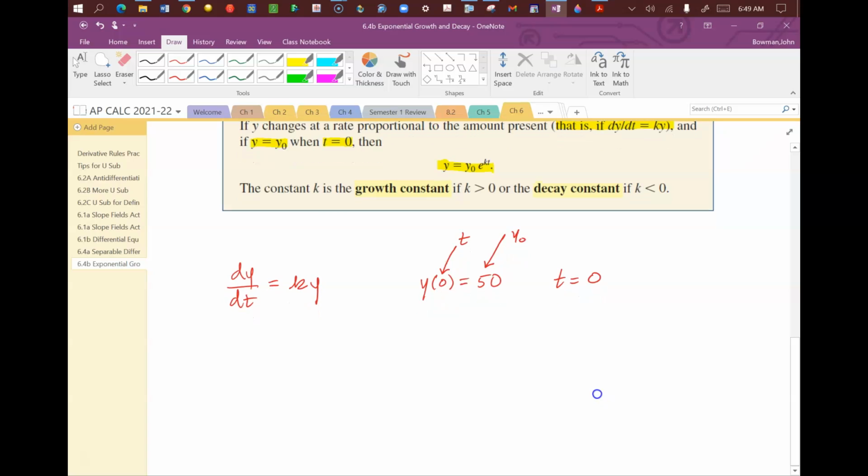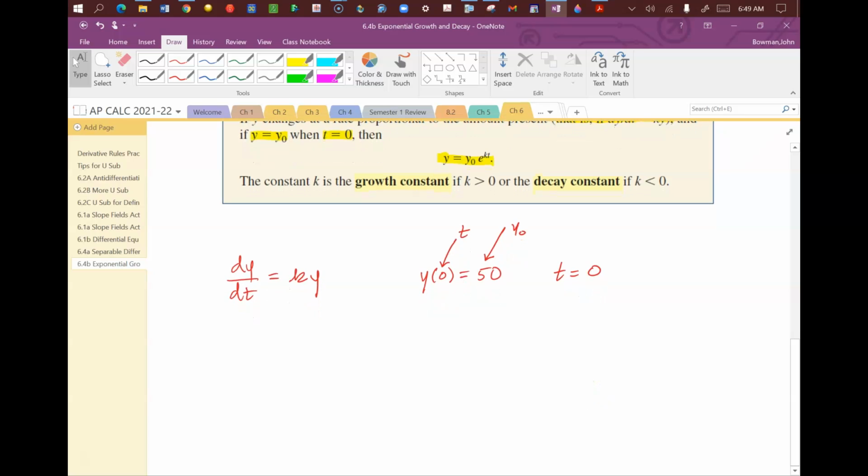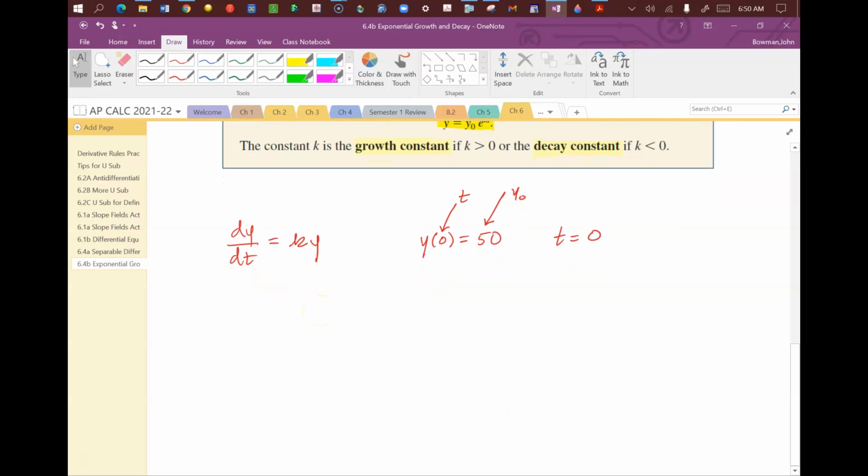We can separate and solve, or we can simply recognize that the rate of change of y with respect to time is proportional to y, and write y is equal to y0 times e to the kt. Plugging in what we know, y is equal to 50 times e to the kt.